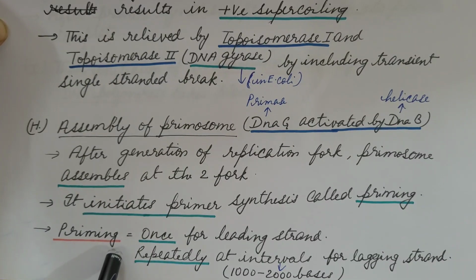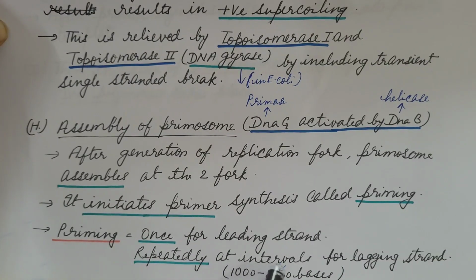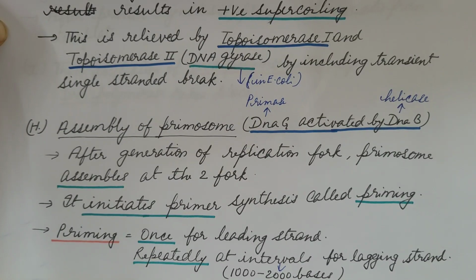And this priming, or the synthesis of the primer, takes place once for the leading strand and repeatedly at intervals of 1000 to 2000 bases for the lagging strand, because the lagging strand is synthesized discontinuously. It is synthesized in the form of Okazaki fragments, and for each fragment primer synthesis is required.